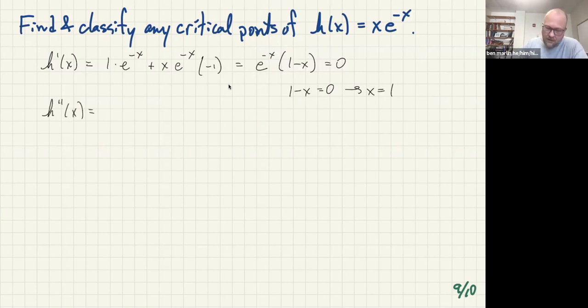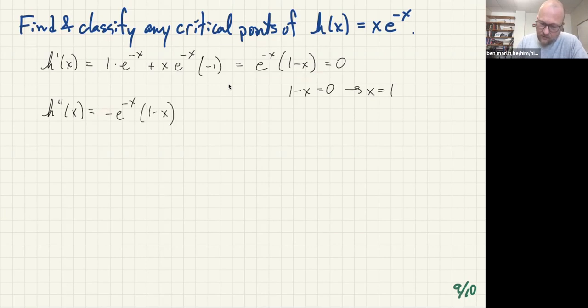Oof. But taking the second derivative does require some more work. So we've got to look back here. And I always advocate factoring these things beforehand. It means you have to use the product rule like nobody's business, but it probably is a little bit less work in the long run. So product rule, we're taking the derivative of e to the minus x times 1 minus x. So the derivative of e to the minus x, we just found out, was minus e to the minus x.